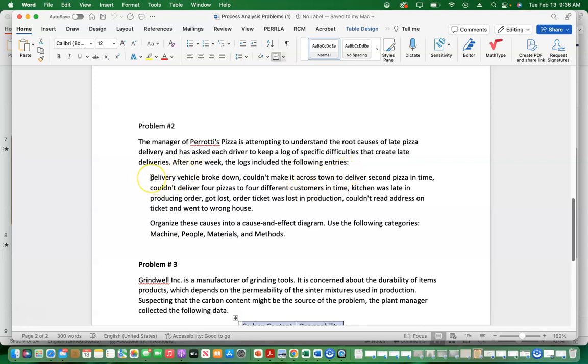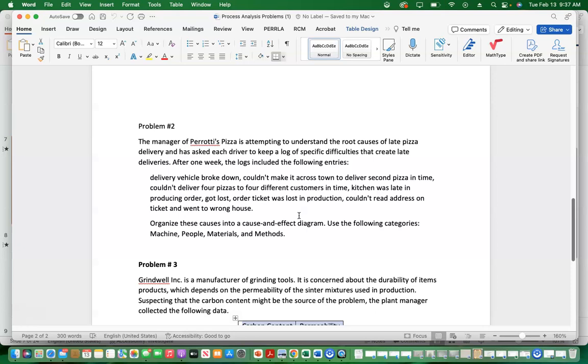So one is delivery vehicle broken down, couldn't make it across town to deliver second pizza in time, couldn't deliver 4 pizzas to 4 different customers in time, kitchen was late in producing order, got lost, order ticket was lost in production, couldn't read address on ticket, and went to wrong house.